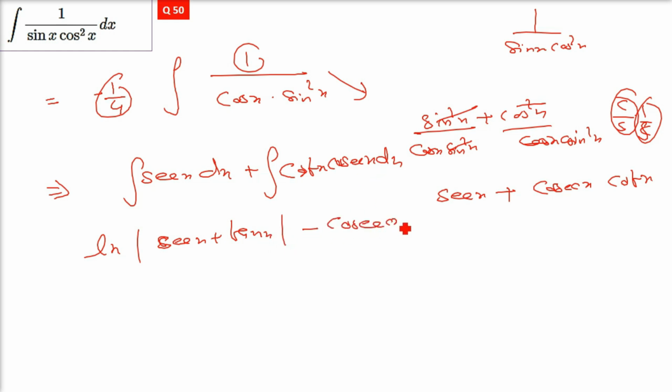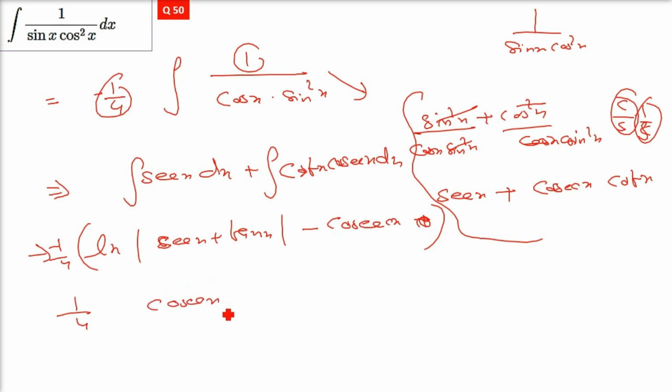And cosec x cot x is already minus cosec x, a direct solution. So plus constant of integration. Minus 1 by 4 is already there, so just multiply everything by minus 1 by 4. If you multiply the negative inside, you can swap these two terms. It will be cosec x minus ln modulus of sec x plus tan x, and then the constant of integration here. This is your final answer.